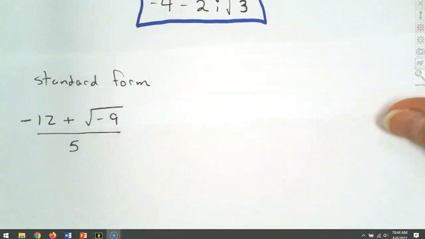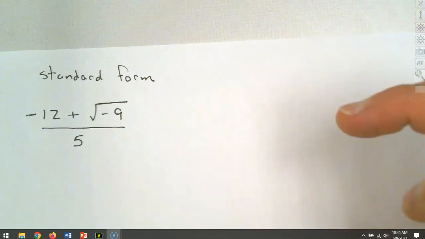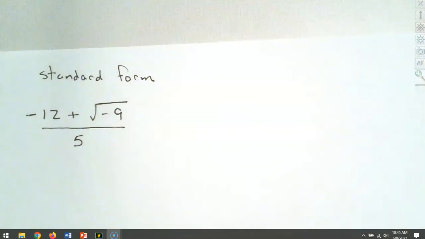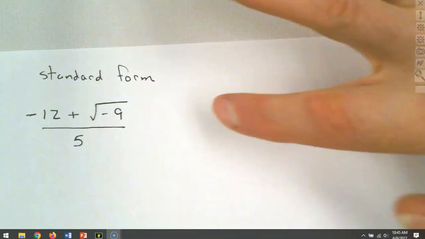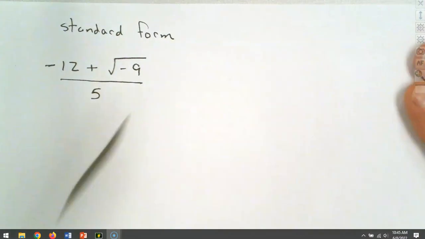So I'll move it up so we can see it here. And this one's pretty easy too. And you're going to encounter questions like this in 1-4. This is going to be part of our answer, but we'd have to break it down. In 1-4, when we use the quadratic formula, you will get out something like this, and we need to write it in standard form.